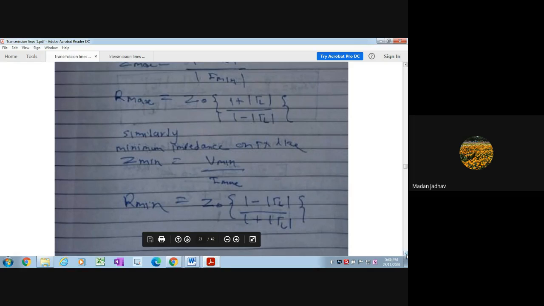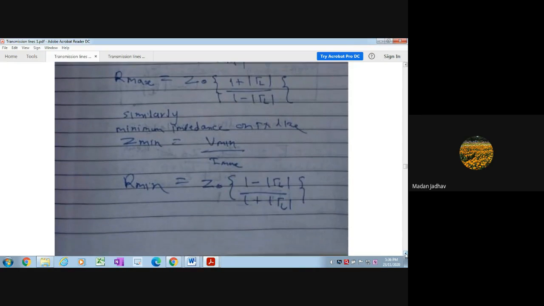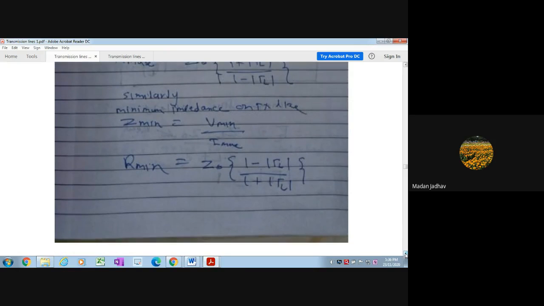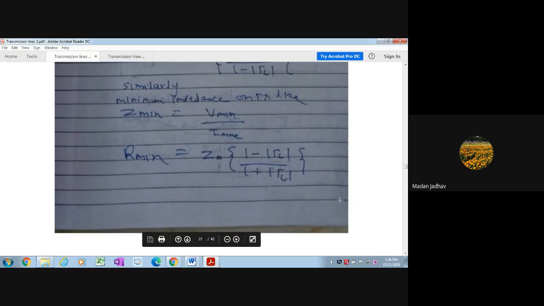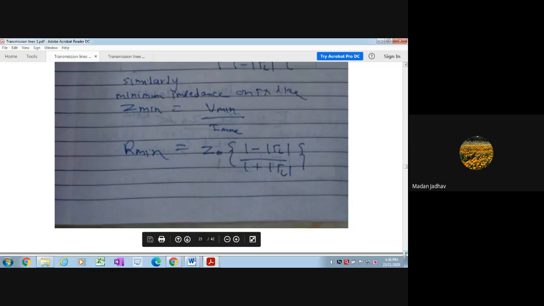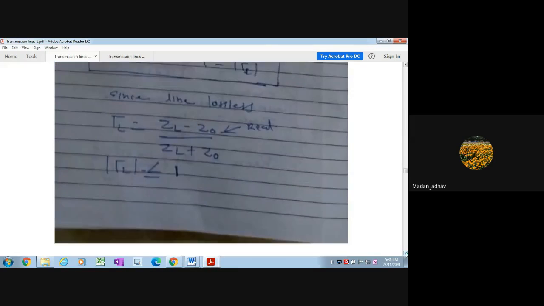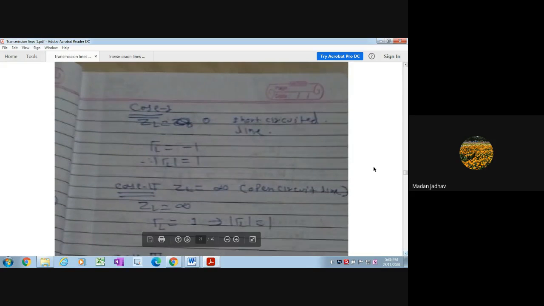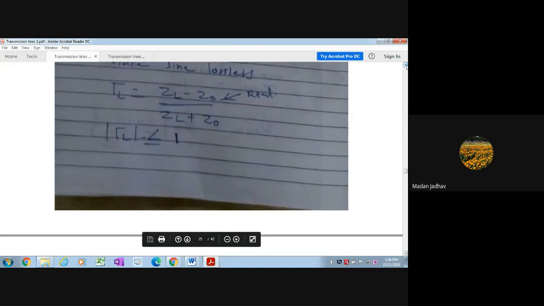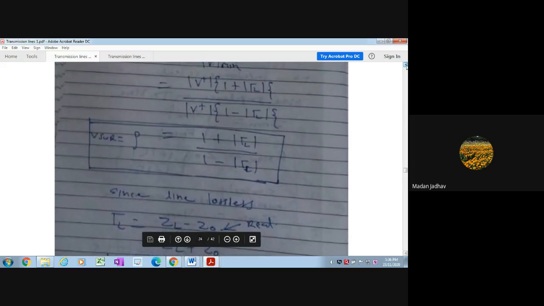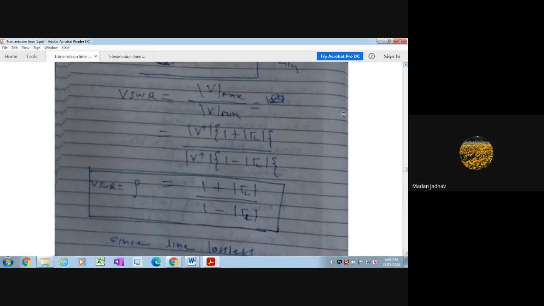Therefore, in this way, this equation is useful when we are measuring an unknown impedance. At that time, these equations are useful. Now there is also a relation involving the voltage standing wave ratio, and we'll see those equations. The voltage standing wave ratio is given by the ratio Vmax divided by Vminimum.